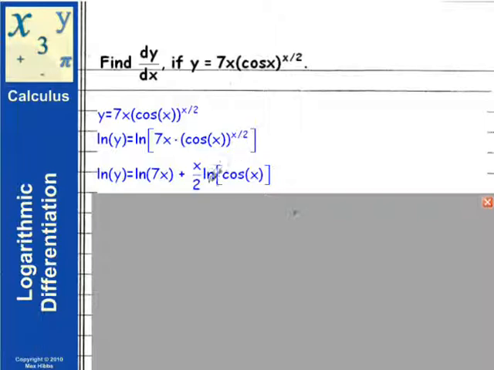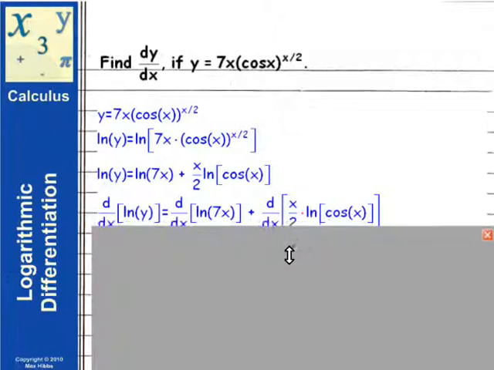Now, when I have the logarithm of an expression to a power, I can use the third law of logarithms to bring the power down as a factor in front of the logarithm. So I've written the power x over 2 times the logarithm of the cosine of x to the first power. So I actually did a couple of steps in that one line.